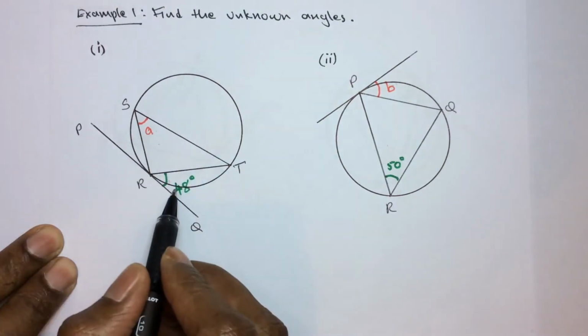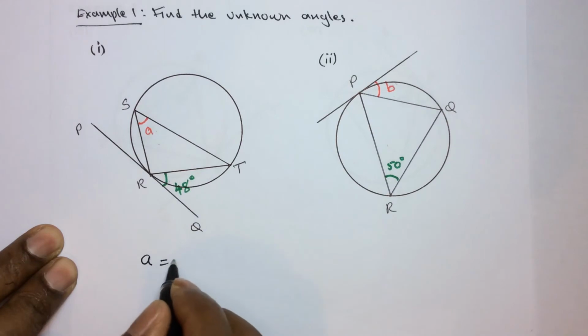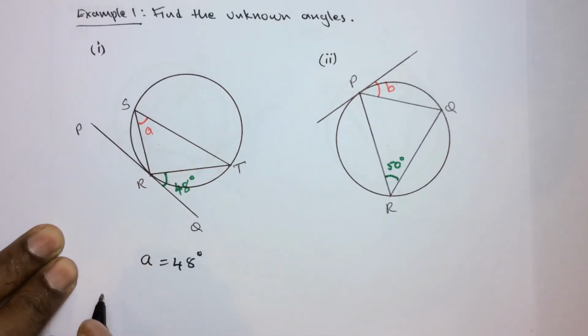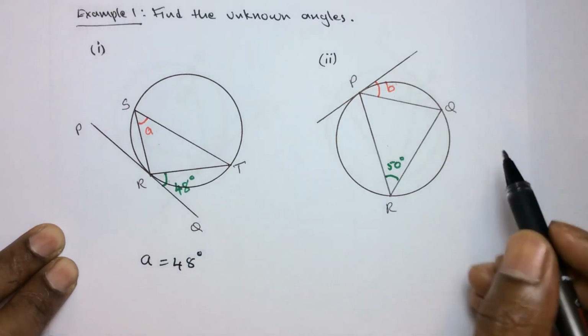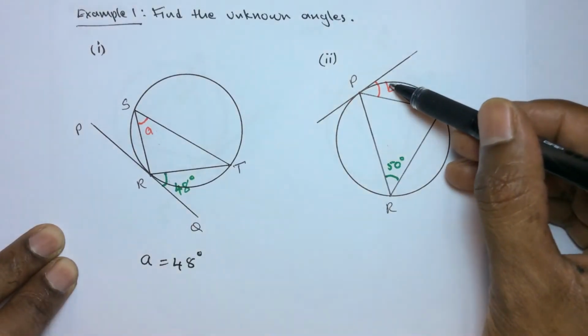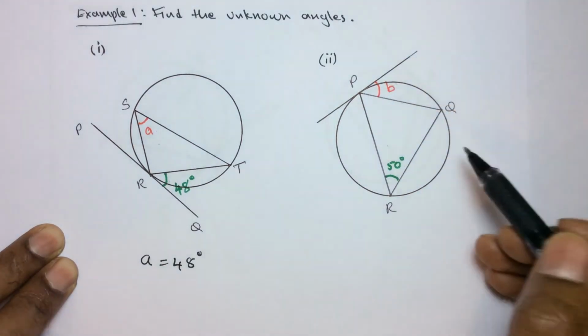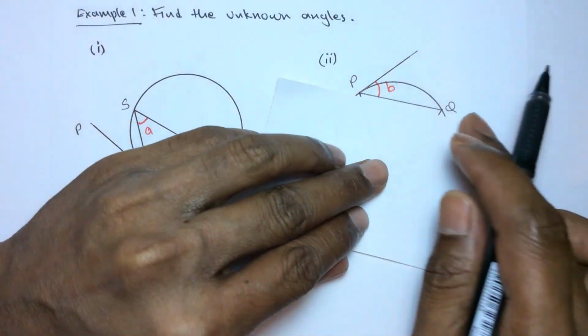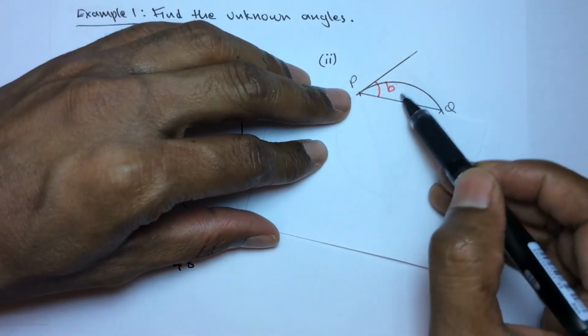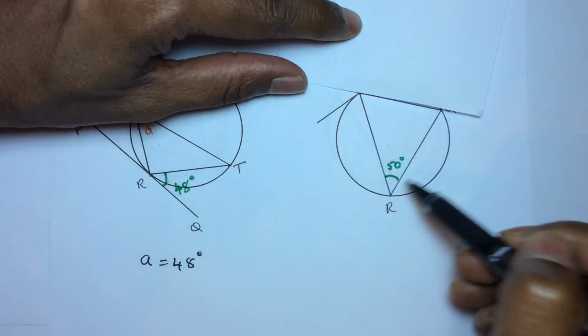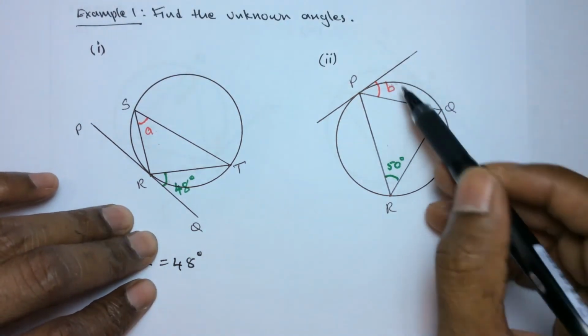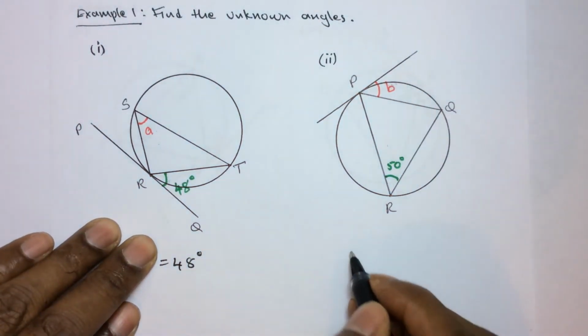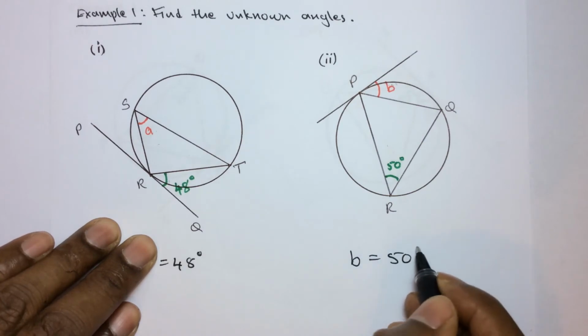Therefore, A is equal to 48. Here, same property. This is a tangent, and we have one segment and second segment. So angles in alternate segment are equal. Therefore, B is equal to 50 degrees.